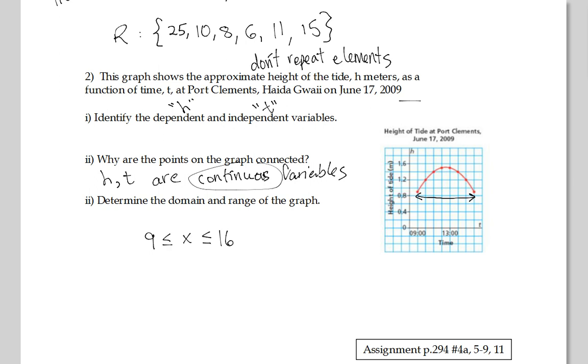And I'm actually not going to put x there. What am I going to put? What variable is x? Time. And vertically, what's the highest point vertically and what's the lowest point vertically? Looks like 1 point, what is this? 1.5 is the highest? And what's the lowest?